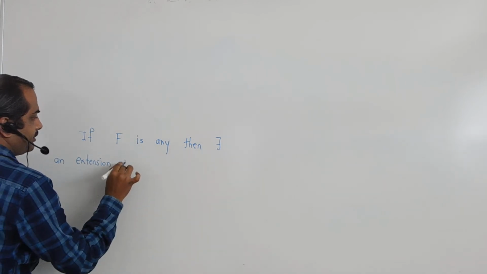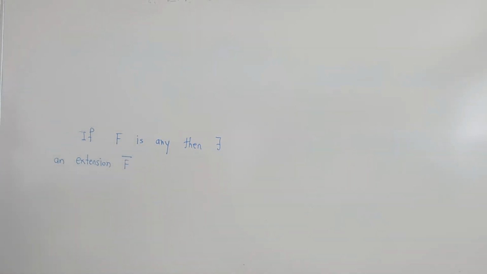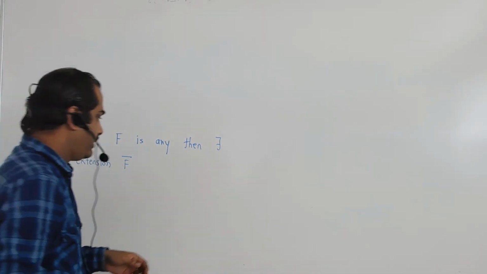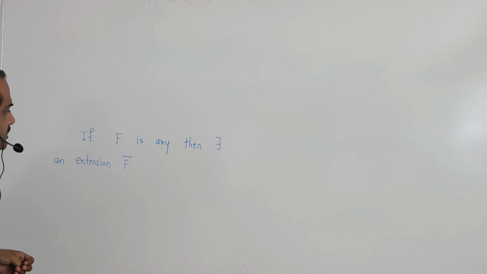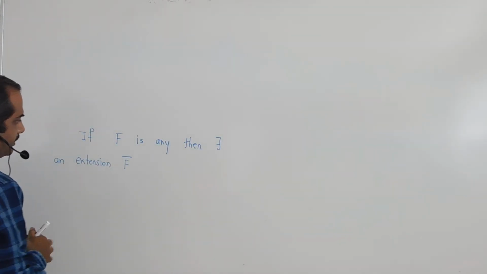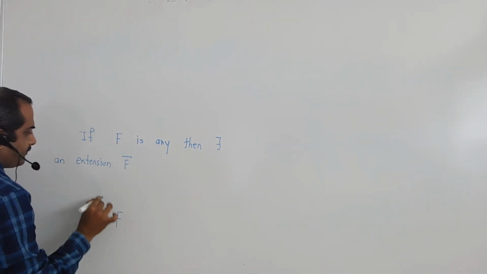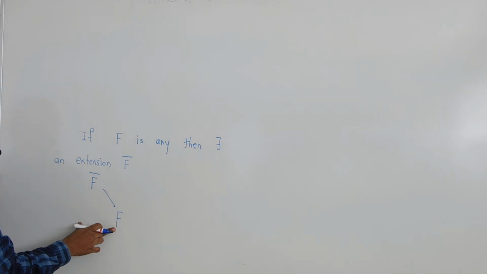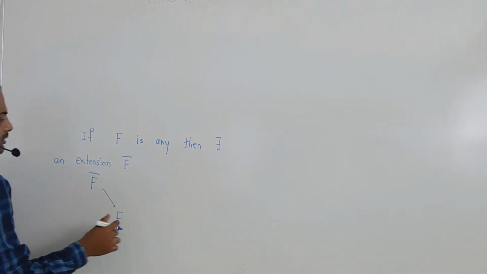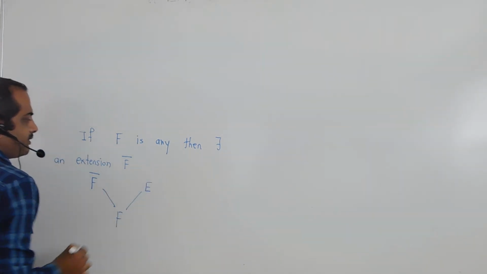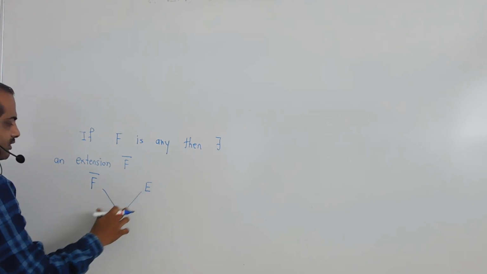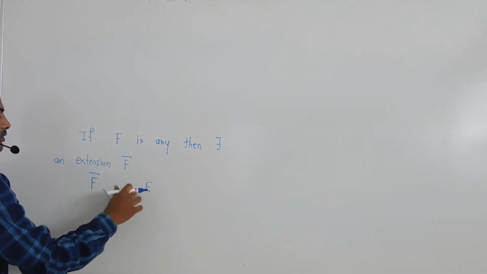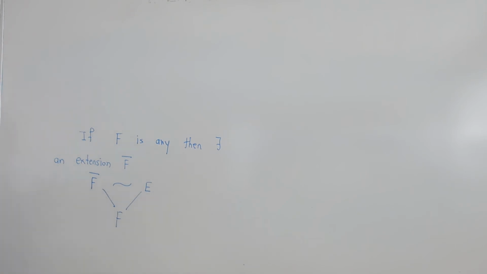There exists an extension F bar which is an algebraically closed extension. Moreover, if somebody finds another extension E of F which is also algebraically closed, then these two are isomorphic.